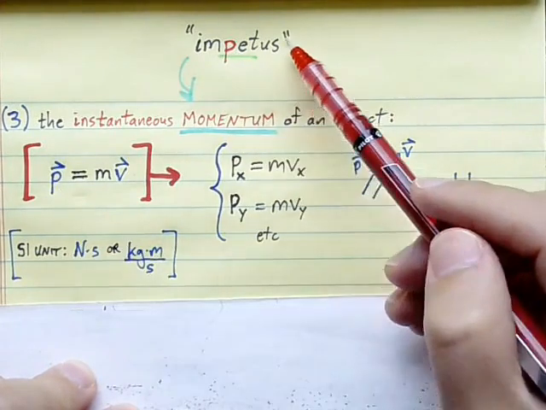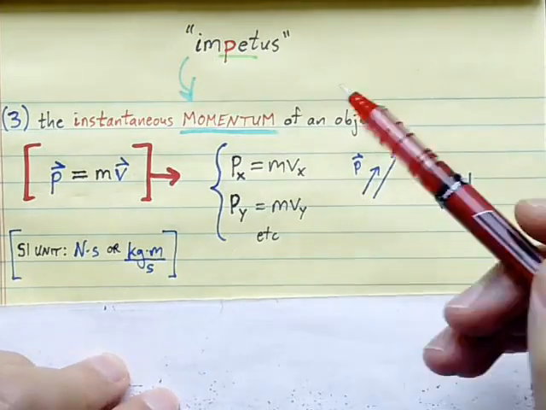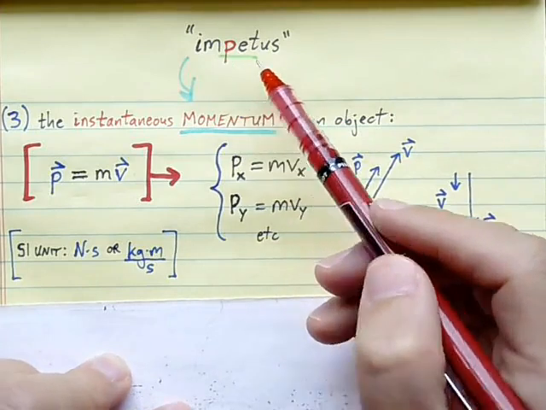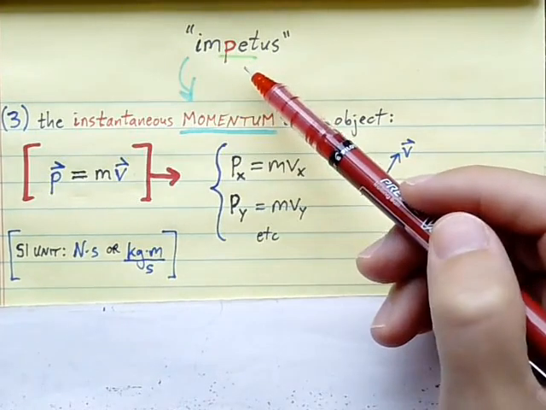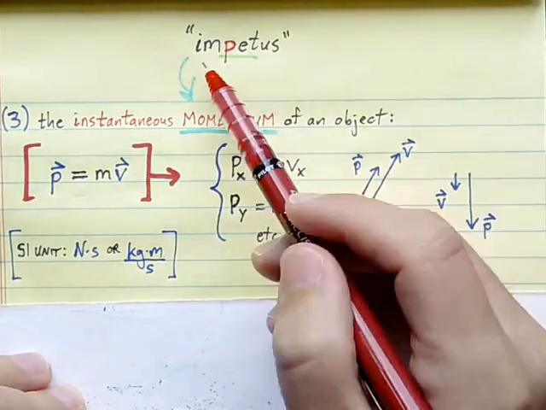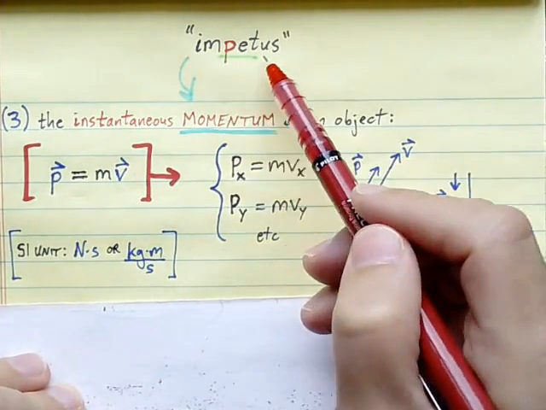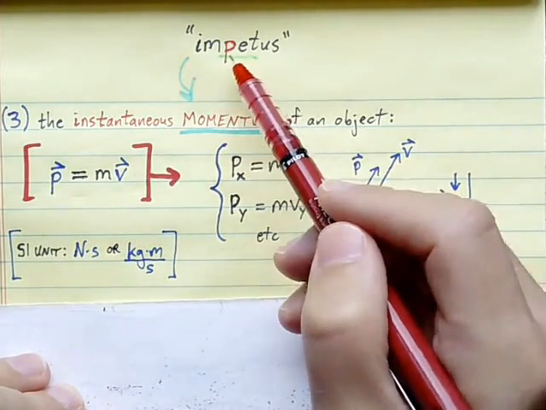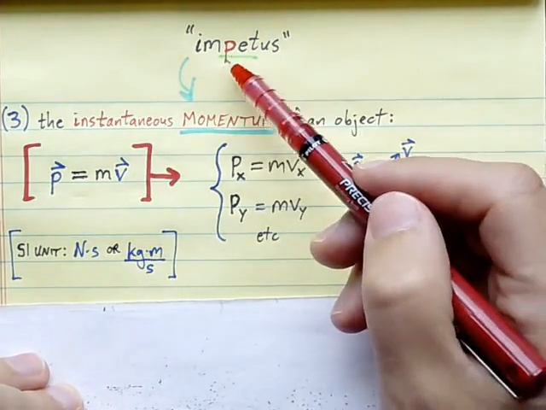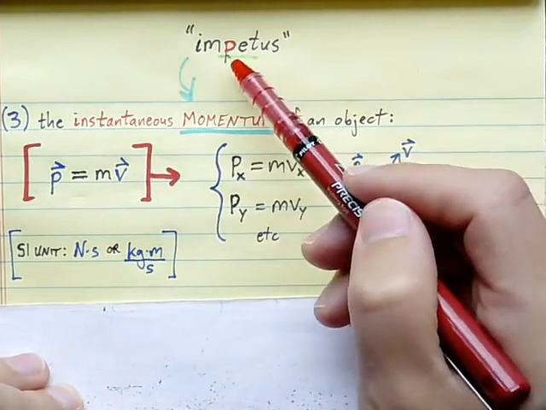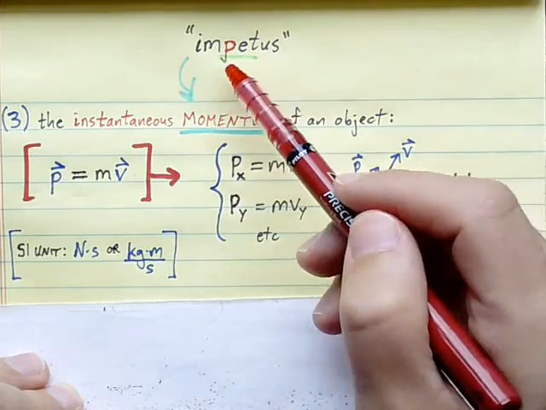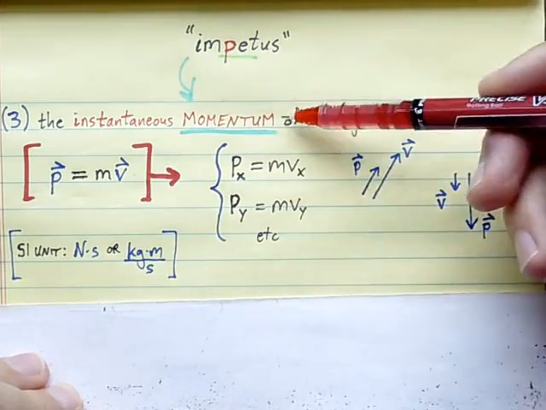That little Latin root there, pet, is the same pet as in centripetal or petition. It means to seek or to go towards. So impetus meaning we're going towards, moving in the direction of. That's our momentum. Just like centripetal means center seeking. Here we're seeking, going in some direction. That's our momentum.